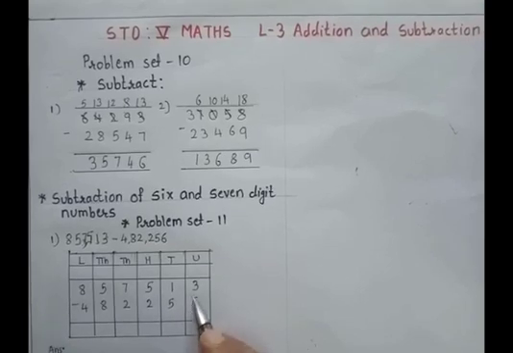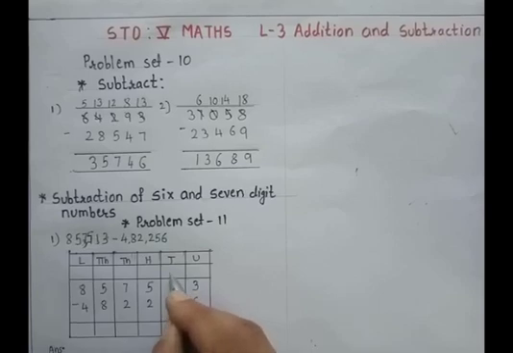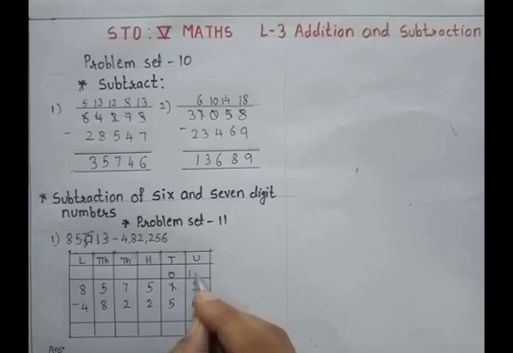Can we subtract 6 from 3? No. So borrow 1 from the tens place, from 1. Cut 1, write down 0. Put 1, cut this 3. So we get 13. 13 minus 6, 7.